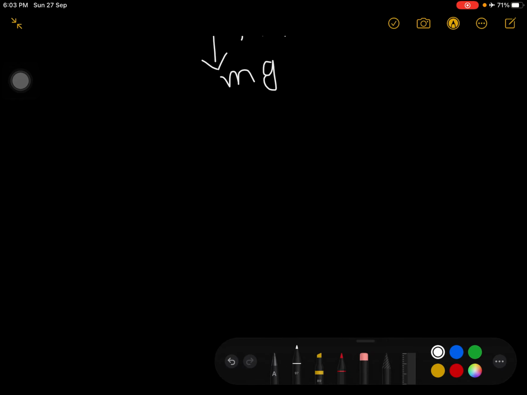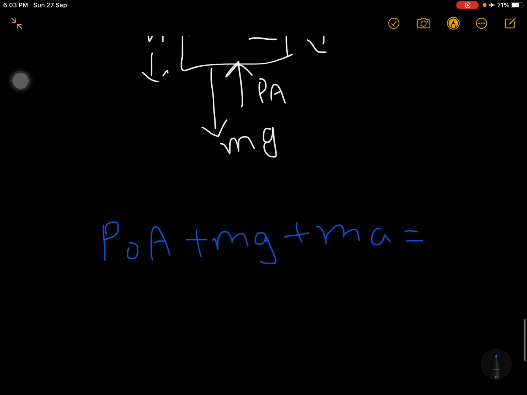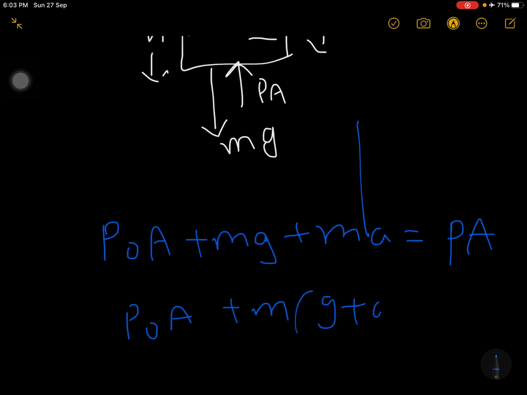So P naught A plus mg plus ma is equal to PA, that is, P naught A plus m into (g plus a) is equal to P into A.